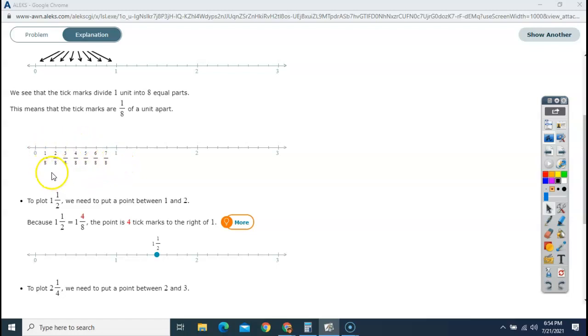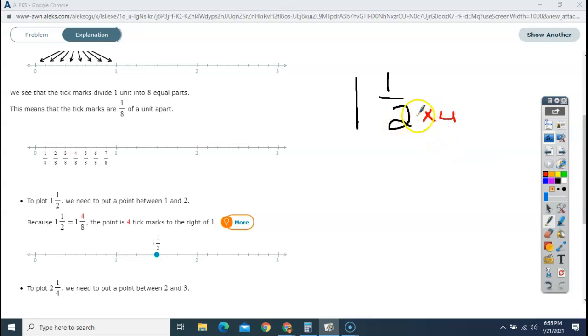All right, so if I wanted to plot 1 1/2, it would be better if I could make my number have an 8 on the bottom, right? Well, in order to make this 2 an 8, I have to multiply it by 4.